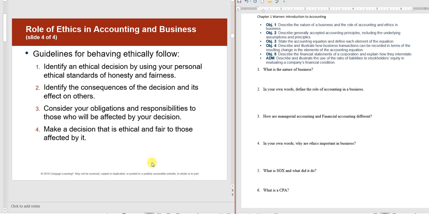All right, so ethics is very important in a business. Arthur Andersen is the accounting firm that audited Enron and WorldCom, which were big financial failures. Arthur Andersen was the biggest accounting firm in the world.